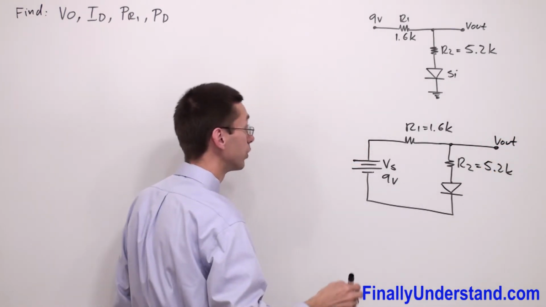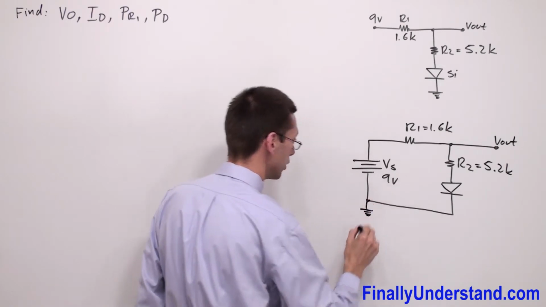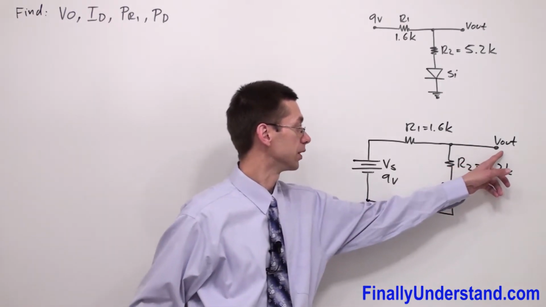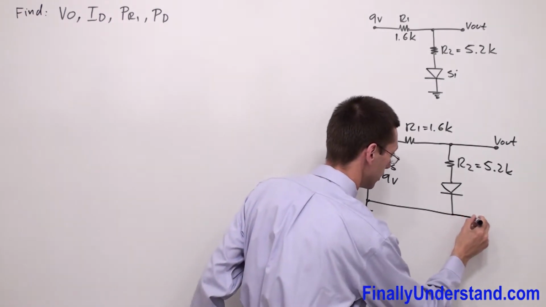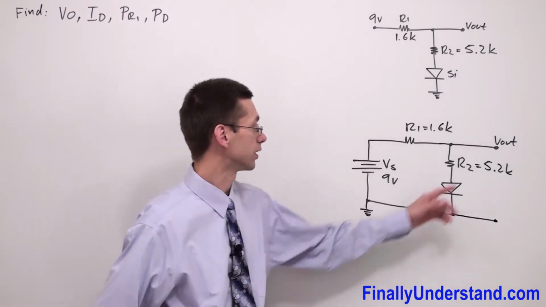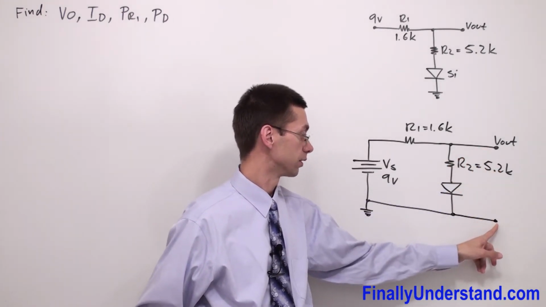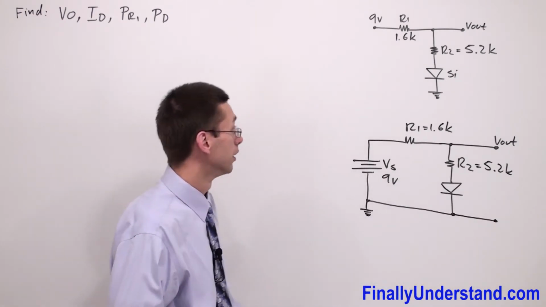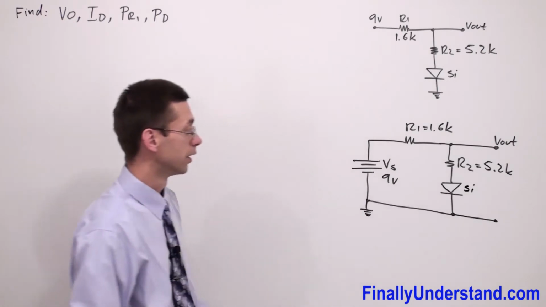Don't forget that we measure the output voltage between output terminal and ground. Okay, so we can extend this line a little bit just to make clear that we are going to measure output voltage between V out and ground. Also keep in mind that this is silicon diode.